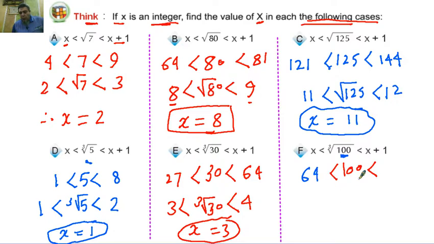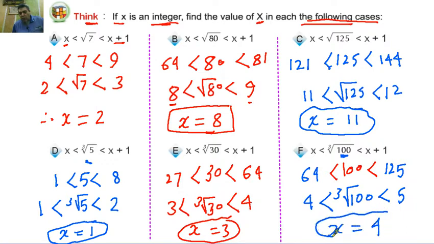The perfect cube greater than 100 is 125. By taking the cube root of all three sides, cube root of 100 is greater than 4 and less than 5. Then cube root of 100 is between two consecutive integers, 4 and 5. Then x equals 4, the smallest of these numbers.